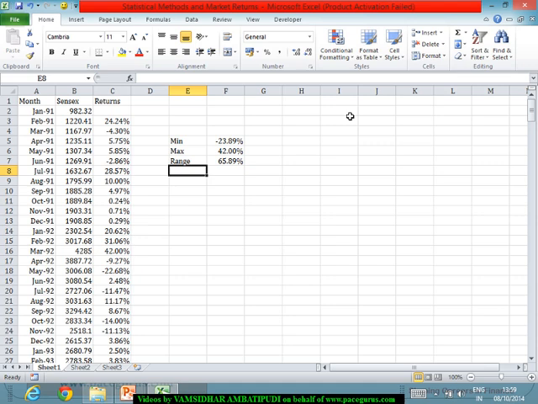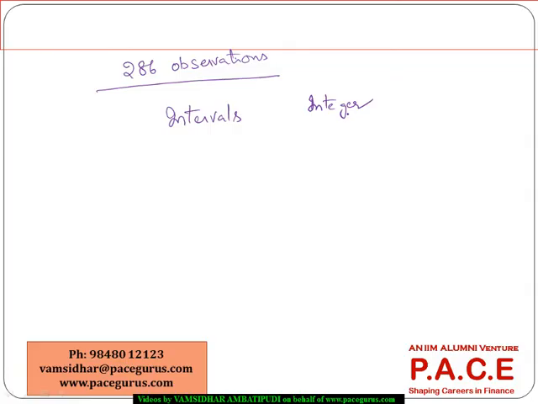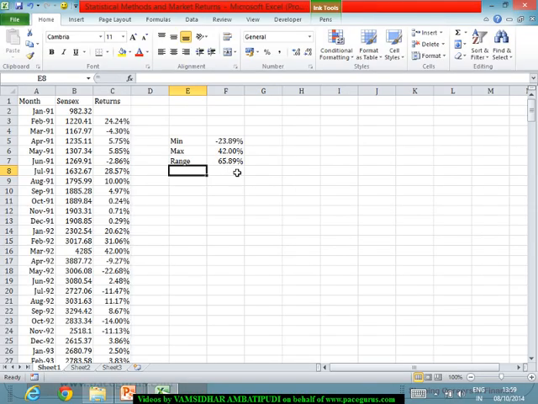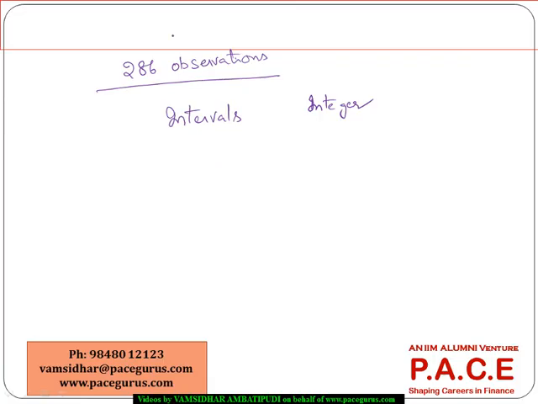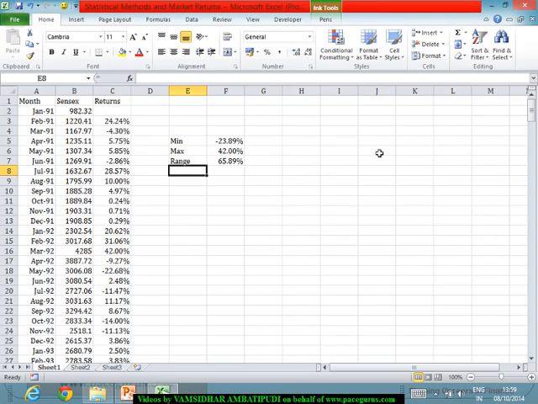Either I can choose an integer number of intervals, or it would be better if I choose the width of the interval as an integer. The width of the interval I choose as an integer.